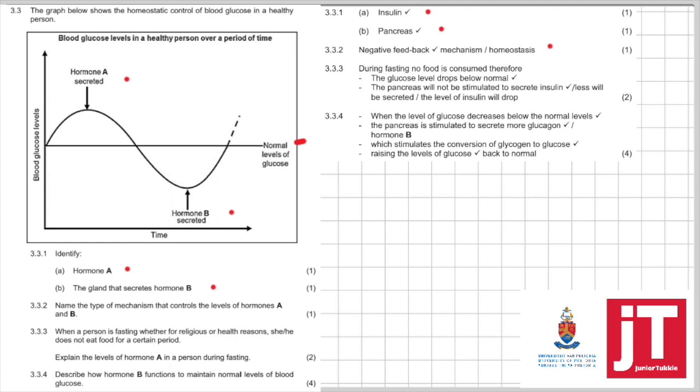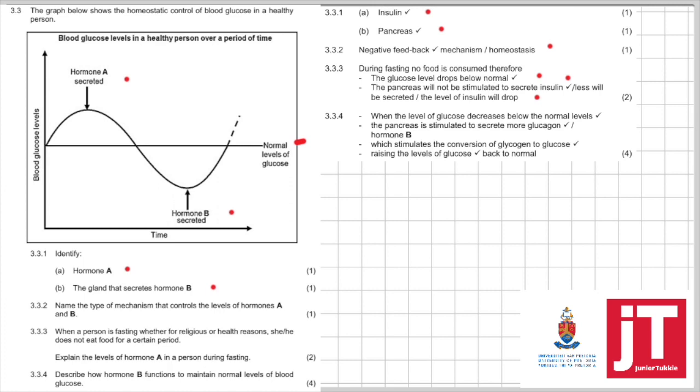3.3.3. When a person is fasting, whether for religious or health reasons, he or she does not eat for a certain period. Explain the levels of hormone A in a person during fasting. So during fasting, what happens? The glucose levels drop below normal. The pancreas will not be stimulated to secrete insulin, and so less insulin will be secreted, or it will drop. 3.3.4.